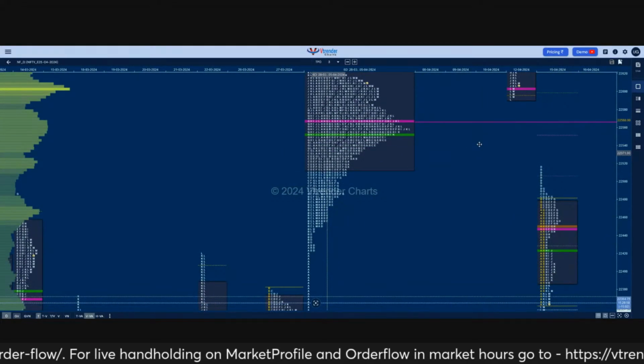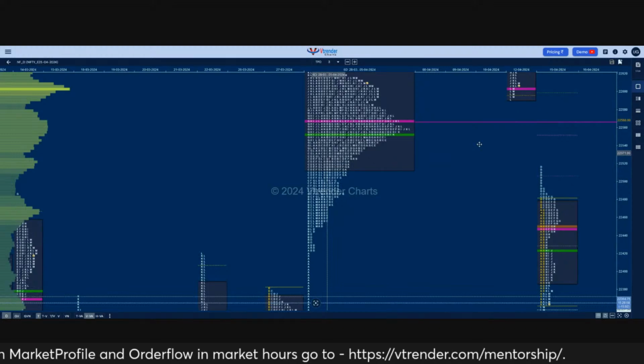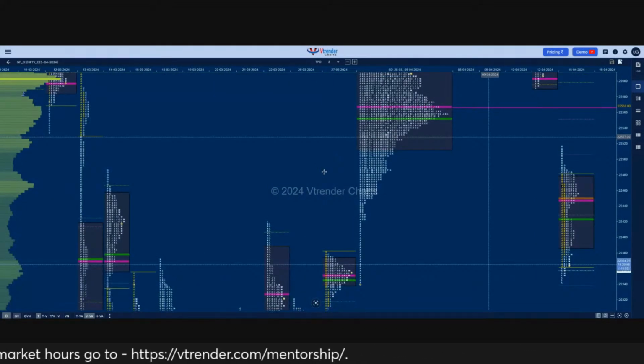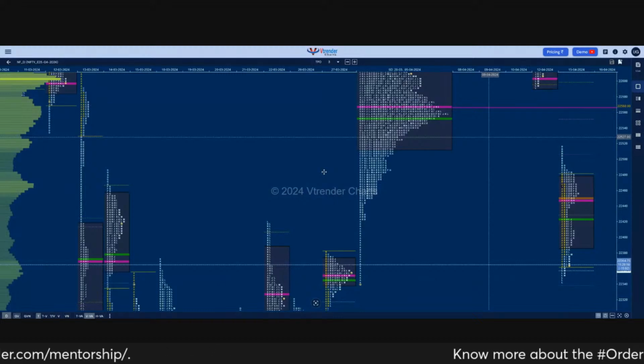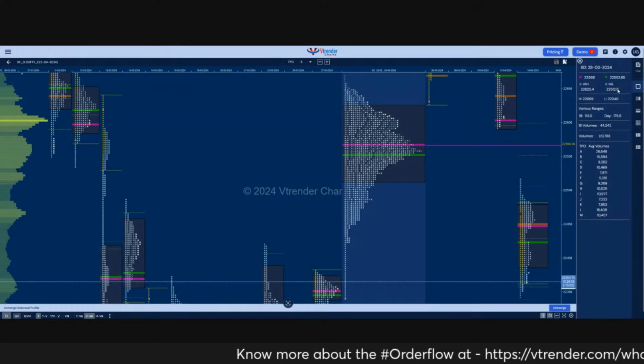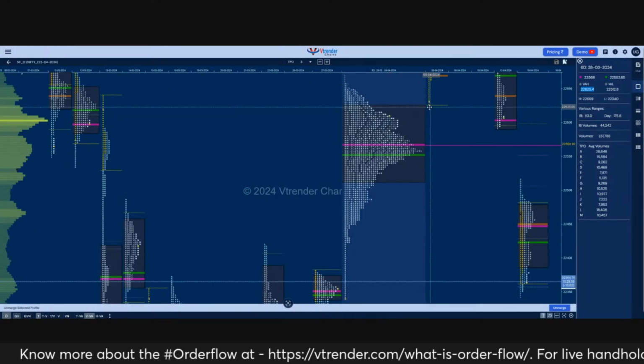So I have put up the daily profile chart now, and you can see this is that 6-day balance. The value area low is 22512, and 2265 is the value area high.